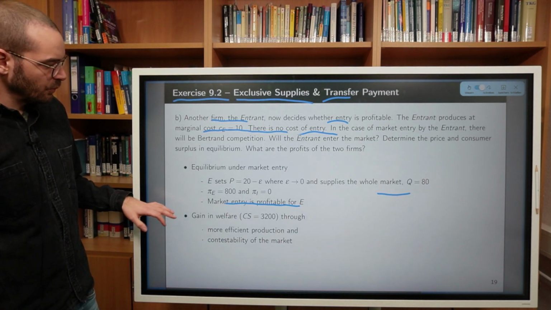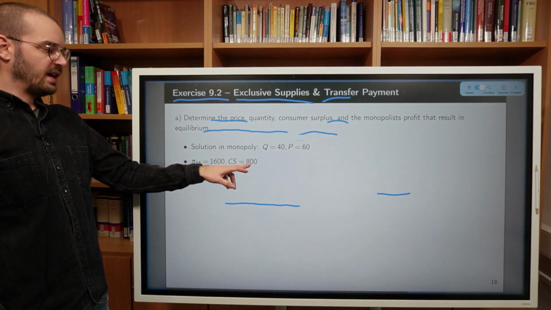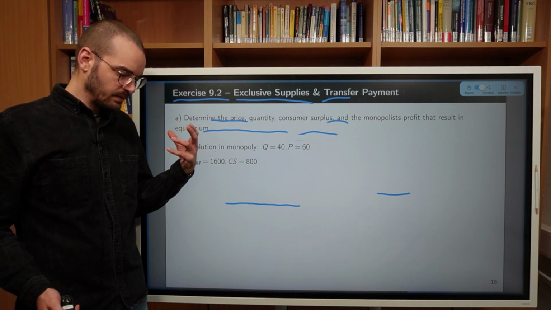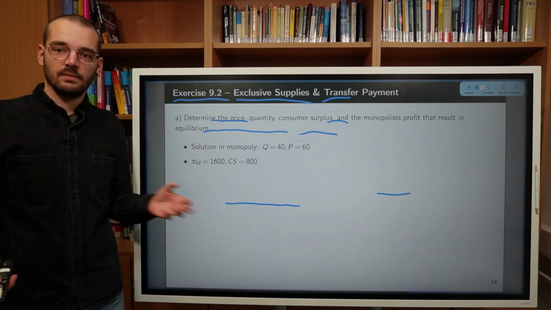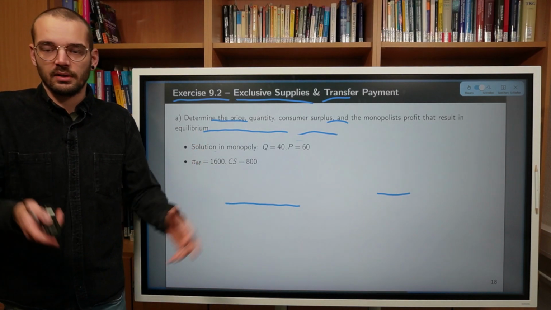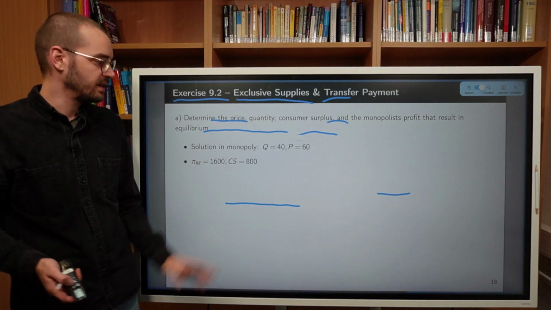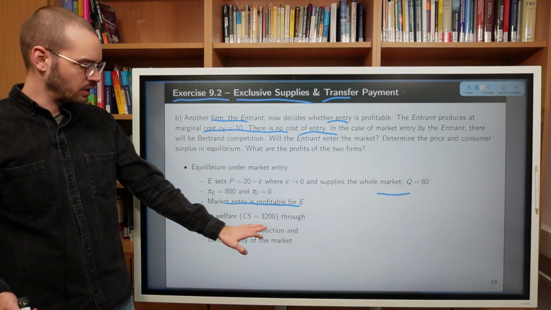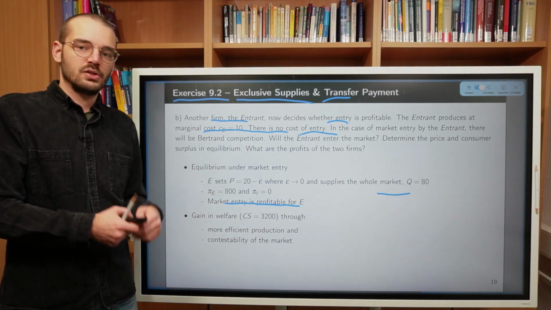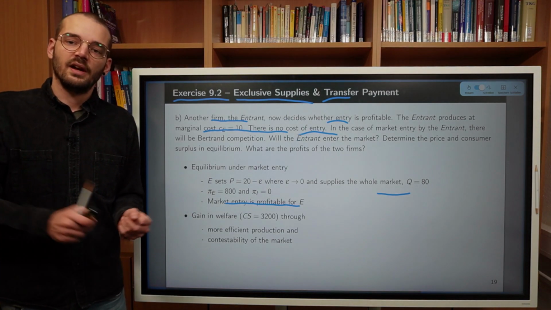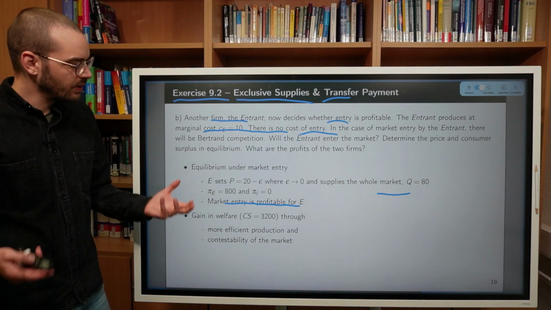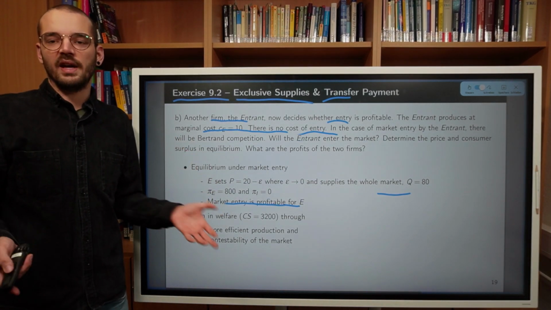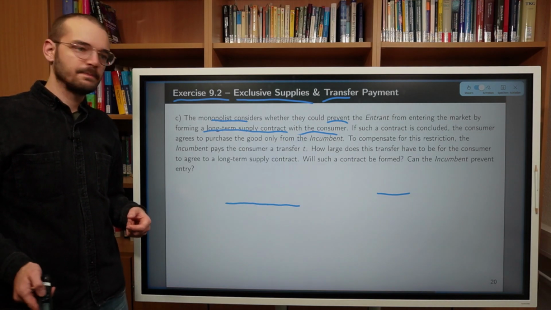So moving from the situation under A, where the consumer had 800 consumer surplus, the consumer's willingness to pay for this entrant to enter the market is the gain in consumer surplus they will achieve under this condition. So going from 800 to 3,200, this difference is exactly the valuation of the consumer surplus for this possibility of the entrant to enter the market, right?